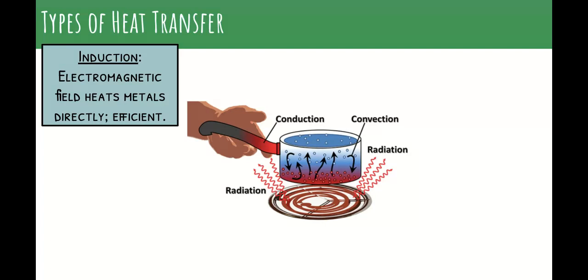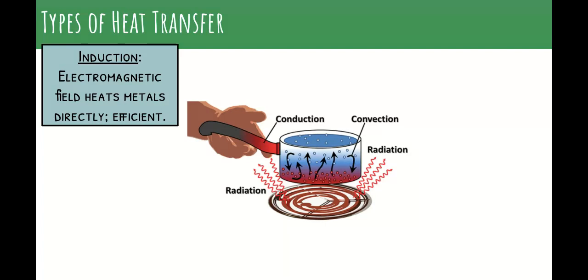In an induction stove, you have a glass surface and a copper coil underneath it. Electricity is run through that copper coil, which turns it into a magnetic field. That magnetic field transfers its energy into the iron particles in your cookware, and they begin to move around, which causes them to heat up.